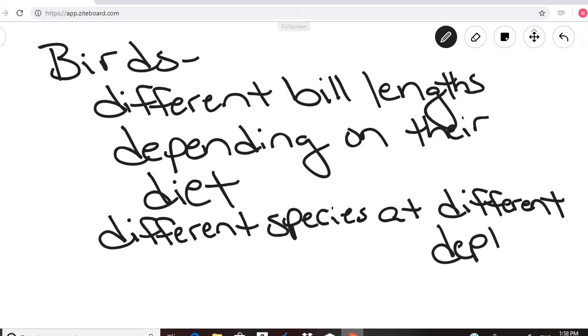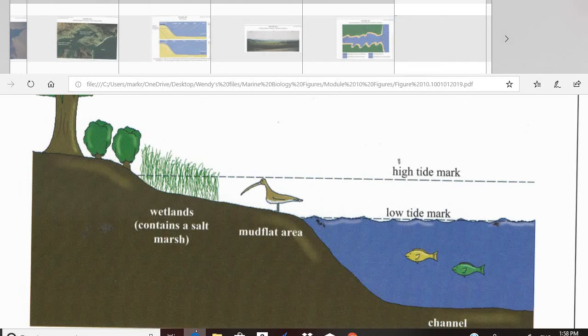What this means is that no one species of buried organism gets eaten up until there are none left. But it also keeps any one organism from taking over, because you have different species of birds eating organisms at different depths.